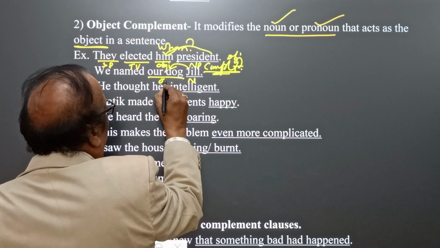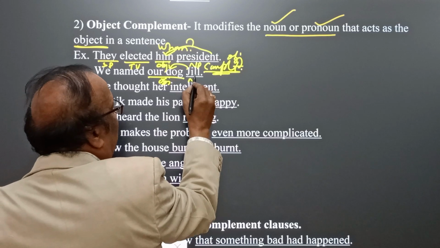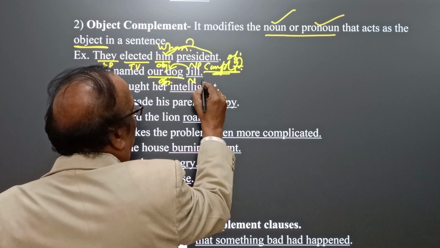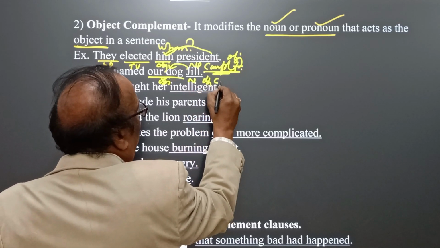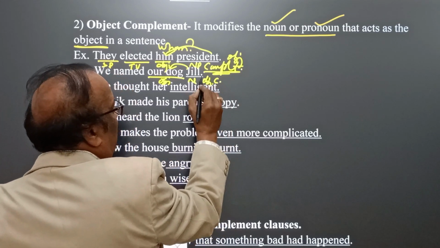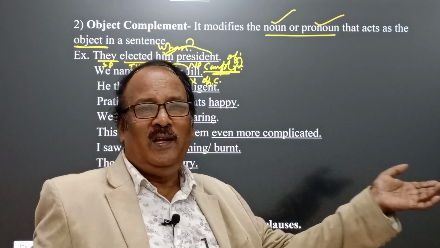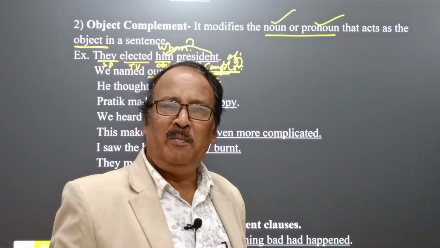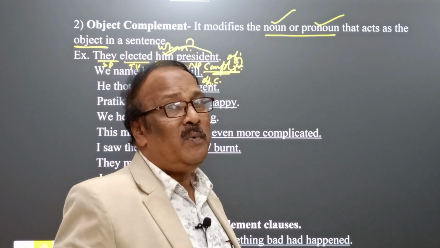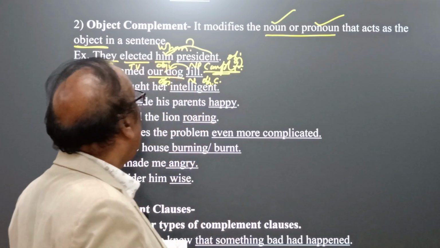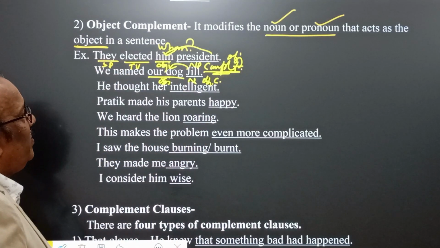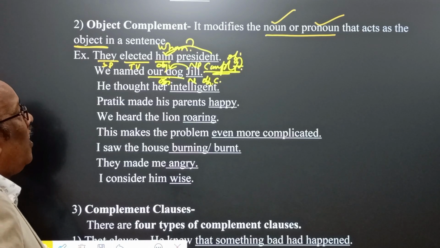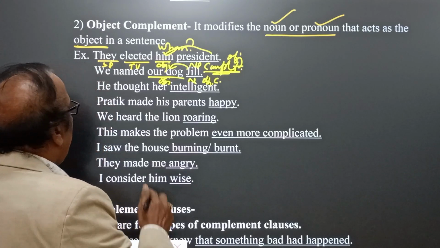Our dog is the object, and hence Jill is a noun and object complement. Yes, these are the matter. Whatever the name may be, Jill, Jack, etc., that name qualifies our dog, and hence our dog is the object and Jill is the object complement.